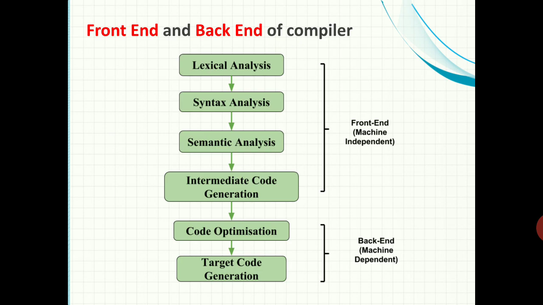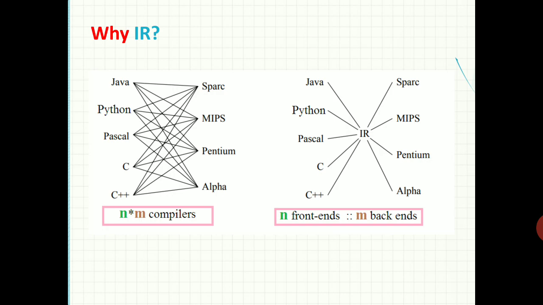Coming to an example, here we are taking programming languages: Java, Python, Pascal, C and C++. And we have different machines, or platforms, or architectures: Sparc, MIPS, Pentium, and Alpha. So we have different programming languages and different architectures.